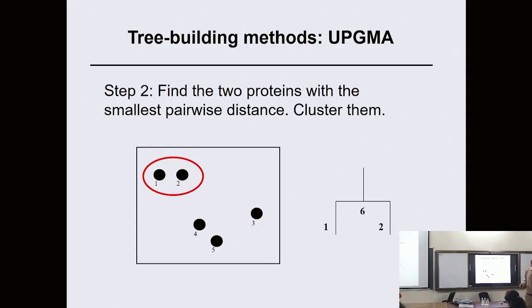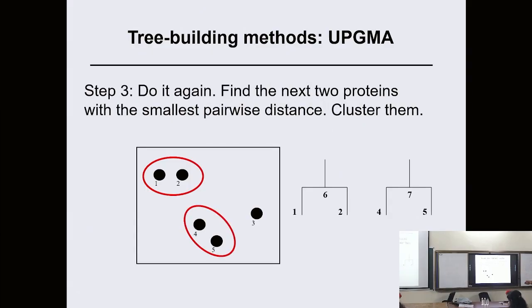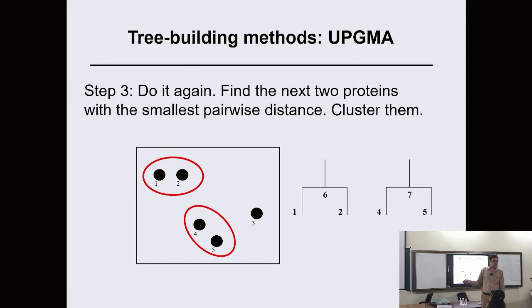And the next group could be 4 and 5. So, you will put 4 next to 5 and create the ancestral node 7. And you are also computing the distance. So, the distance between 1 and 2, which is D12. This is 1 and this is 2 and this is 6.